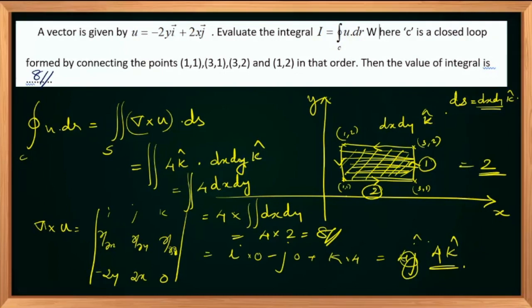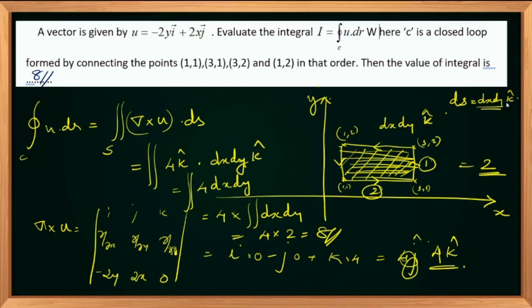If this is x and this is y, the direction projecting out is the z axis. So that is how I got dx dy k vector. Is it clear to all of you?